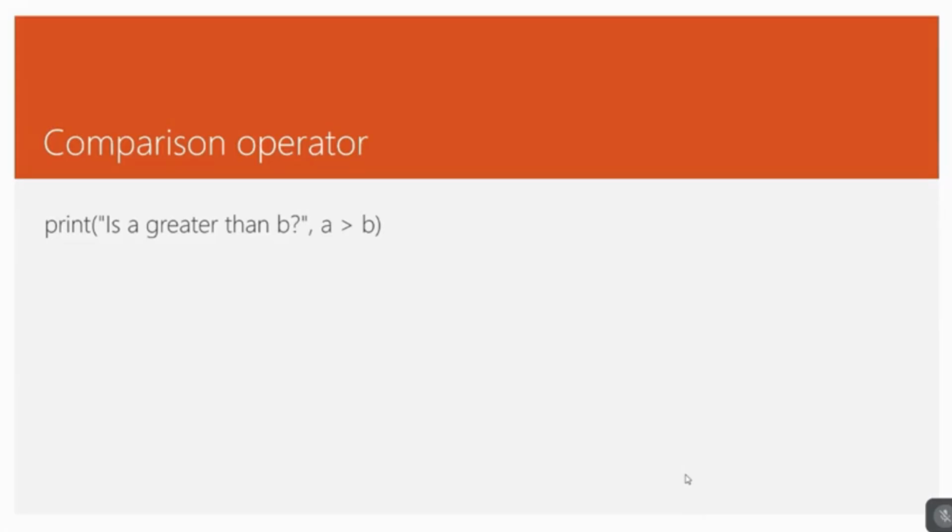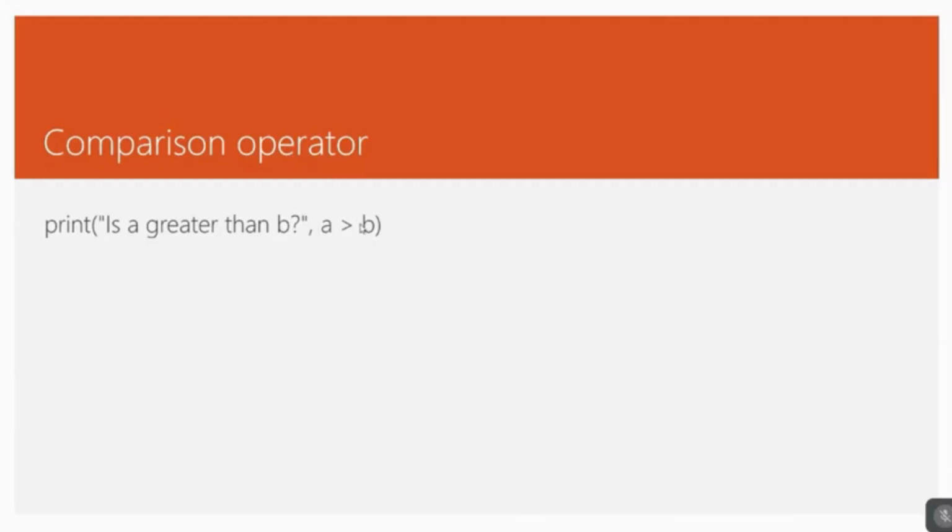So we move on to comparison operators. Consider this is your variable A and this is variable B. When you have to compare two values, we use comparison operators. Either we use greater than or smaller than. Here A is greater than B. So we compare these two values or variables with this comparison operator.